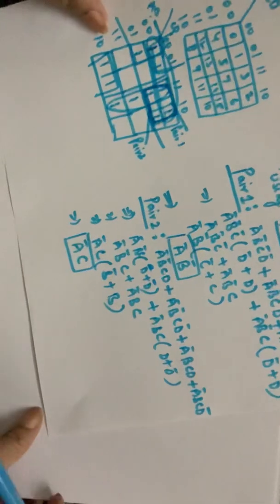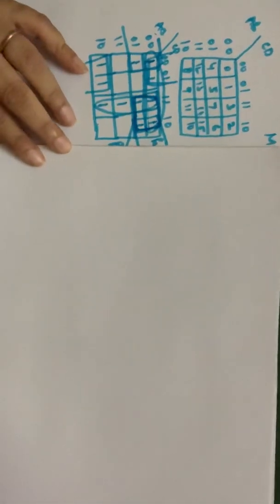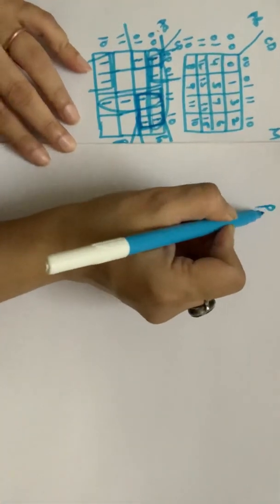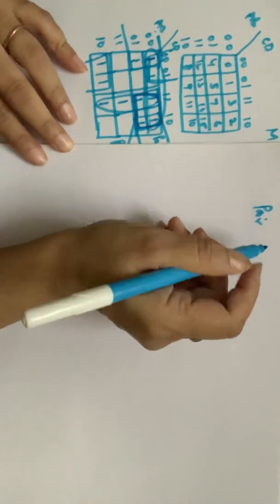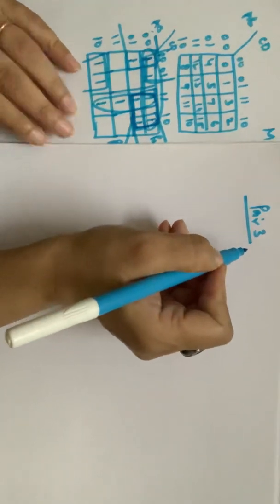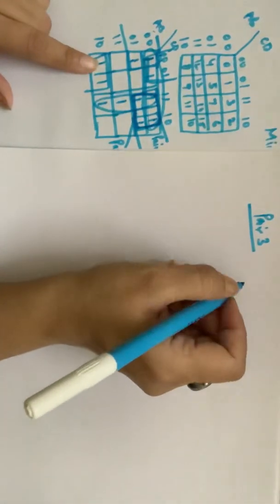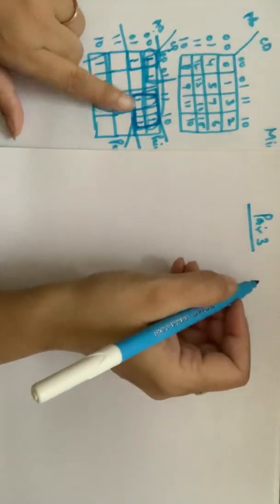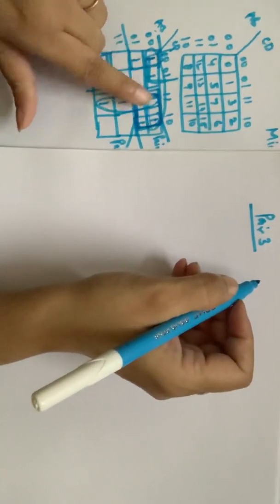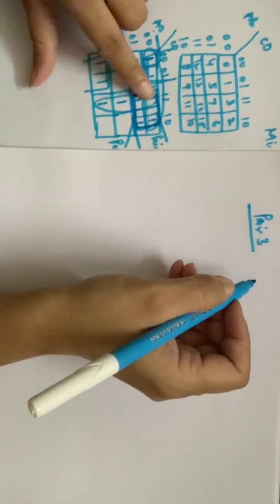Now look for the third part, pair 3. Now we look for pair 3. We have already solved the earlier ones, and now try to solve this pair. These are four in a group.